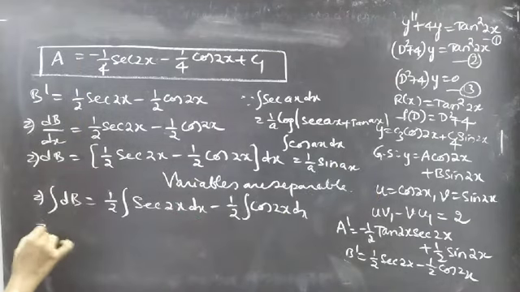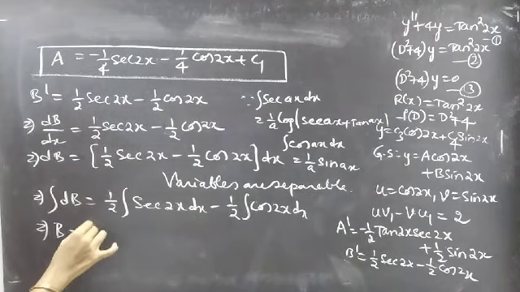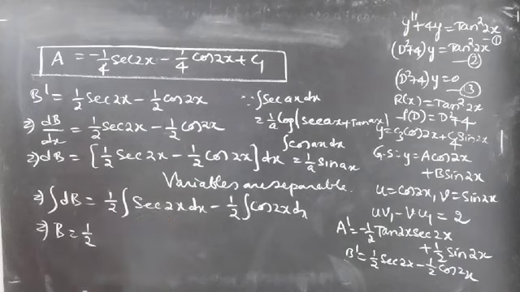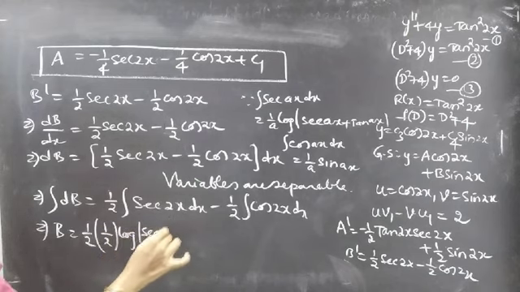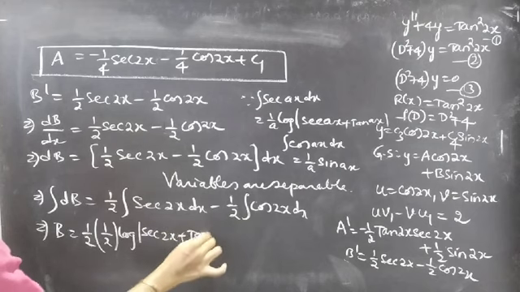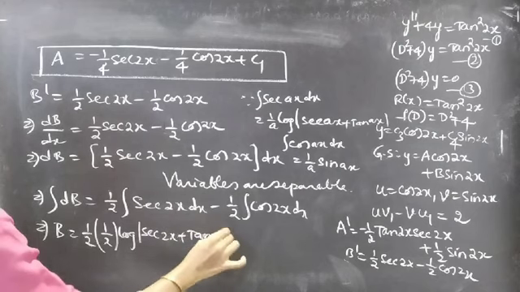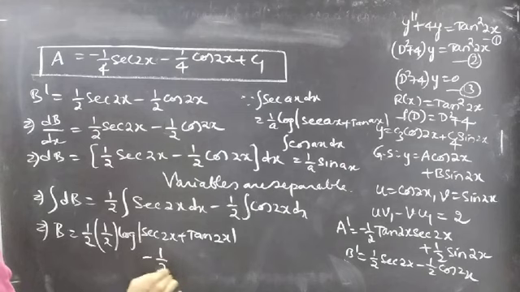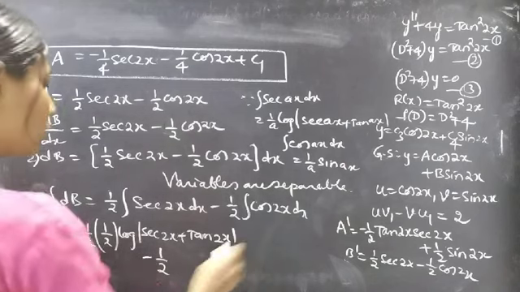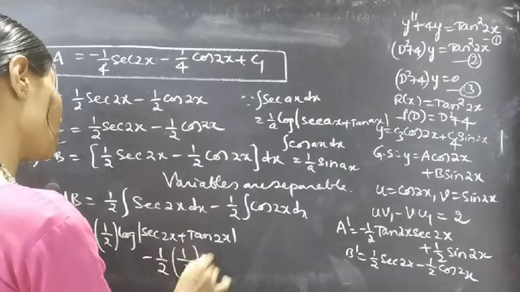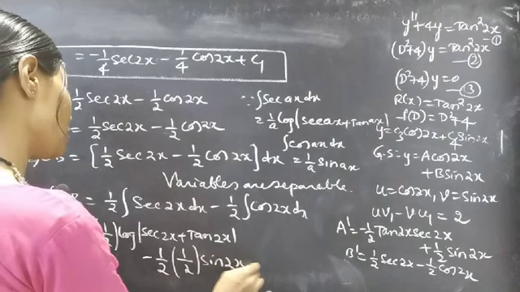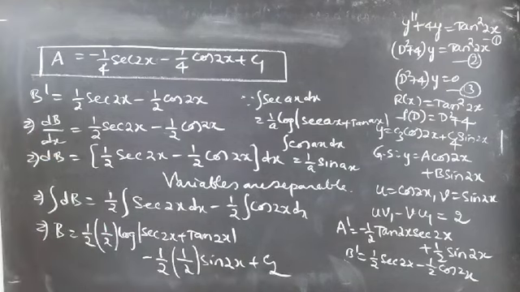Then we'll get integral db b equal to 1 by 2 into, for a equal to 2, you'll get 1 by 2 into log mod secant 2x plus tan 2x minus 1 by 2 into, for a equal to 2, you'll get 1 by 2 sin 2x plus some integral constant say c2.